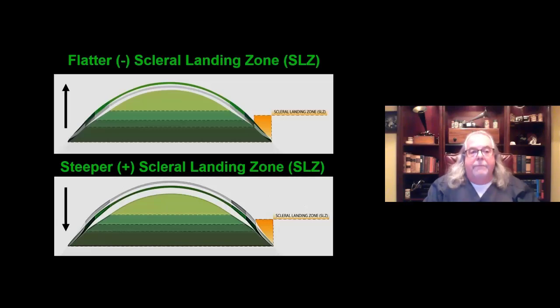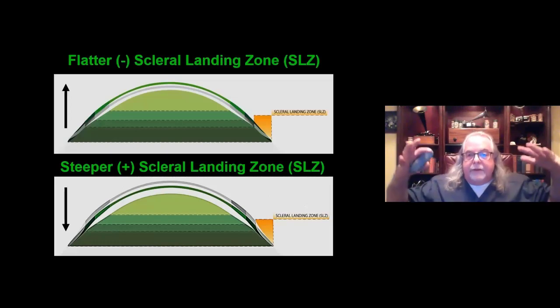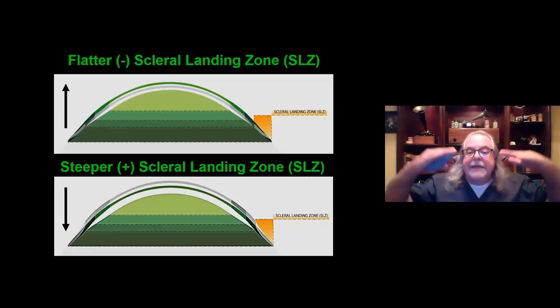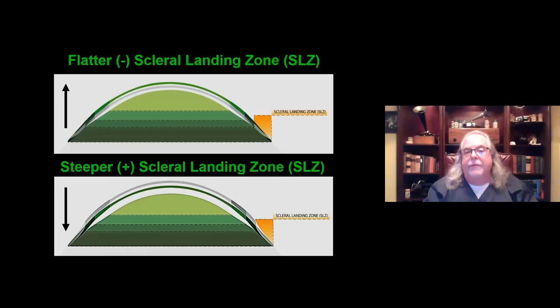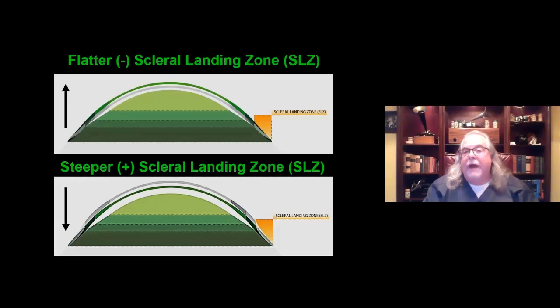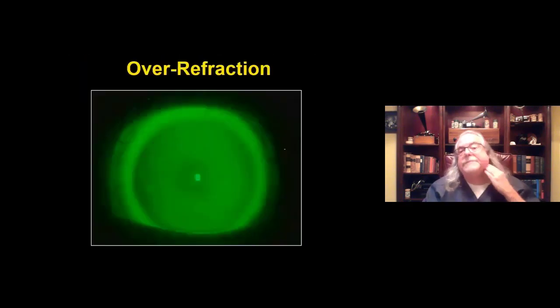So remember, if we're going to flatten the Scleral Landing Zone, we're going to decrease the depth of the lens, as we see here in this image, whereby if we're going to tighten the periphery of the contact lens, we're going to increase the sagittal depth of the contact lens, be it a small amount if we're dealing in 25 micron increments, but nonetheless, it's going to follow this kind of numeric pattern.